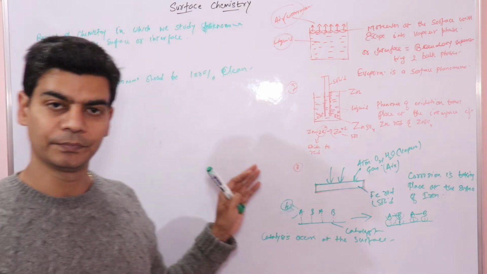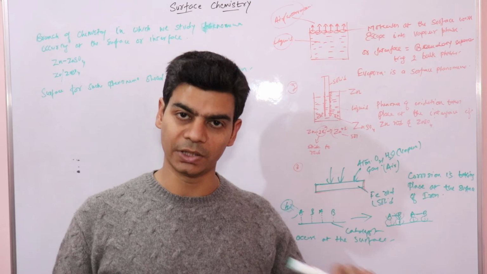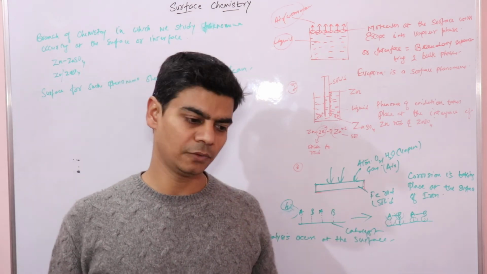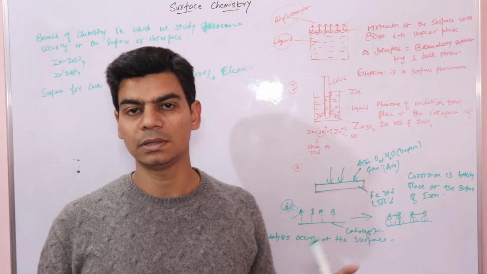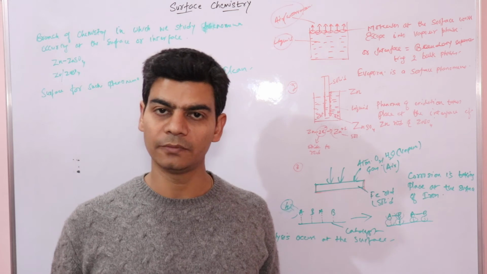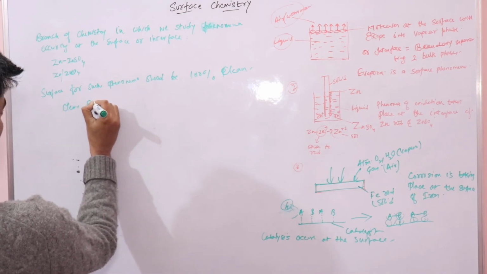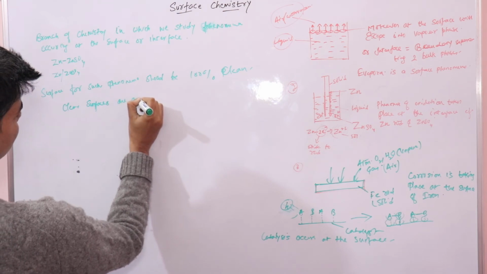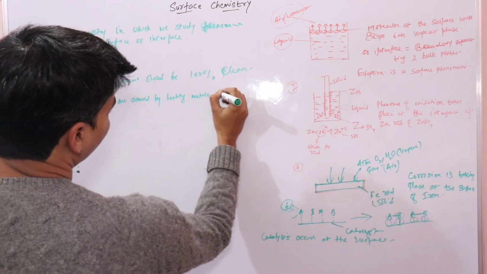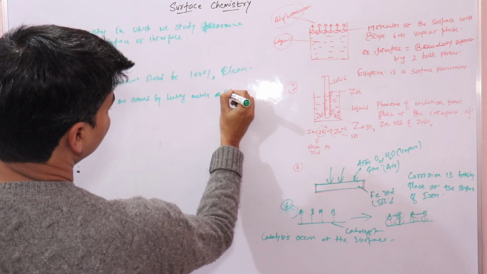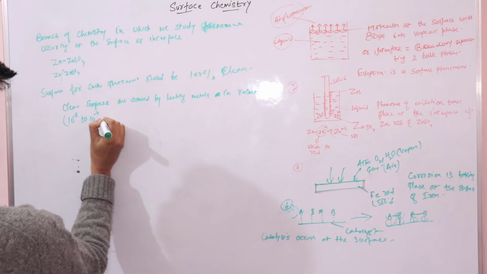And these metals, which are cleaned by heating at such a low pressure, should be maintained at this pressure, or preserved in vacuum, because if you again bring them into the open air, then atmospheric gases like oxygen and nitrogen will again start attacking the surface of the metal, which will make it unclean again. So clean surfaces are achieved by heating metals in vacuum at a pressure of 10 to the power of minus 8 to 10 to the power of minus 9 pascals.